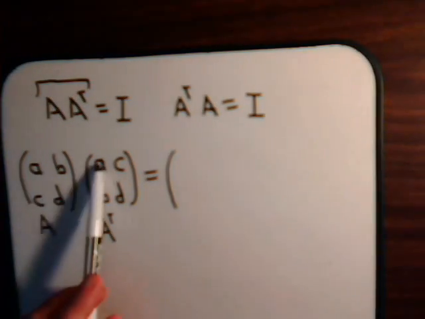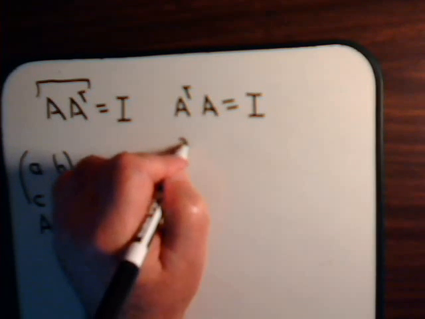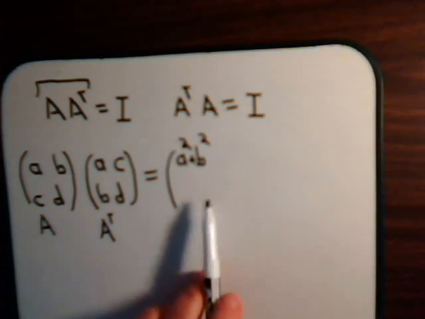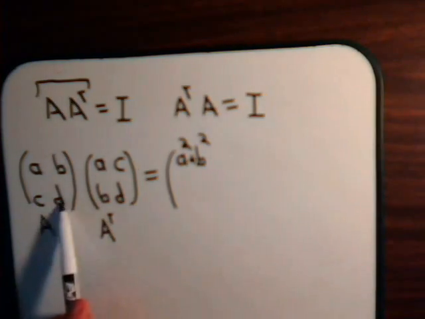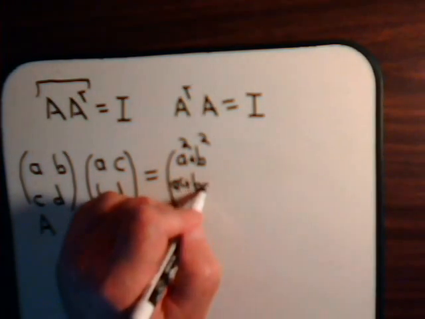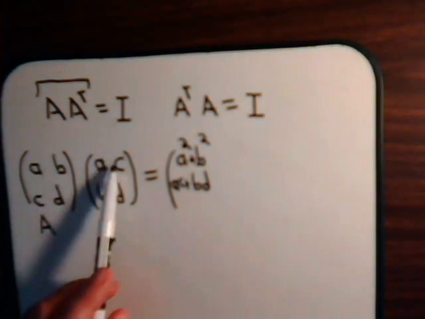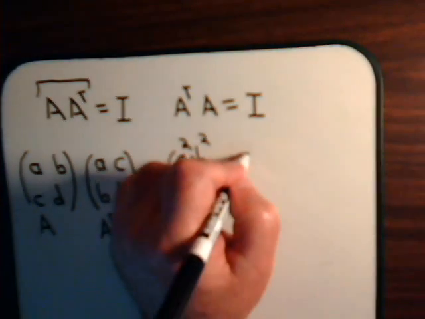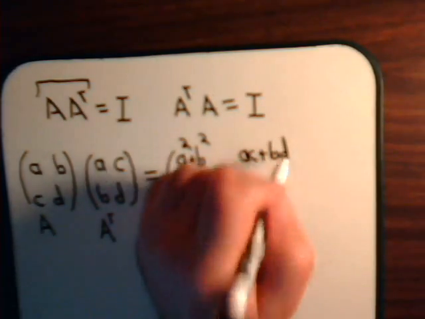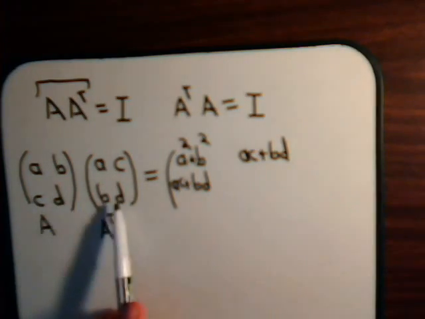Well, we have a squared plus b squared, and then underneath we would have ac plus bd, and over here we would have ac plus bd, and then down here c squared plus d squared.